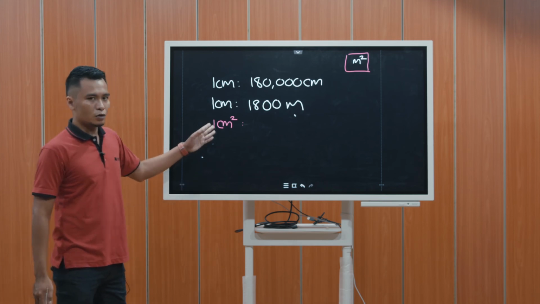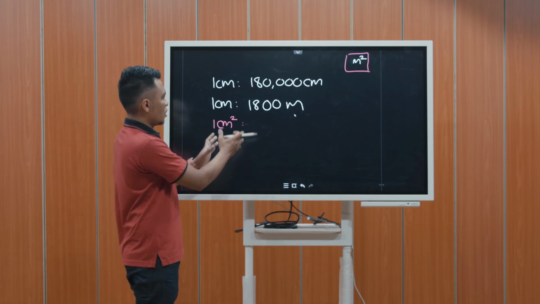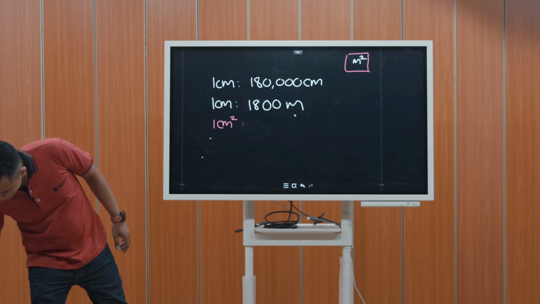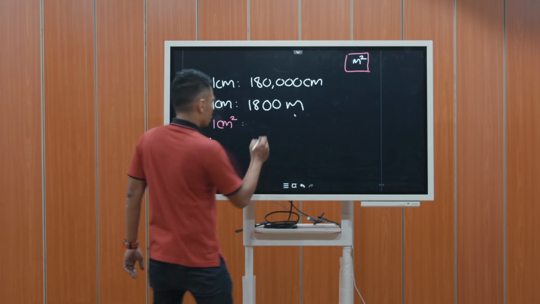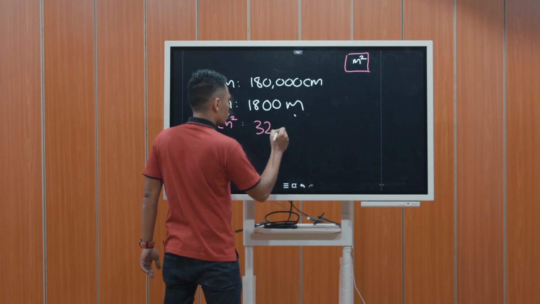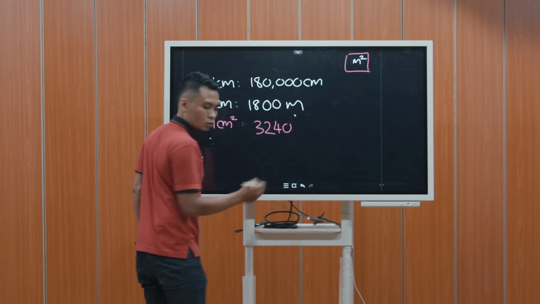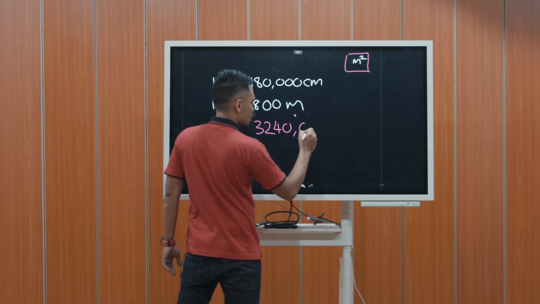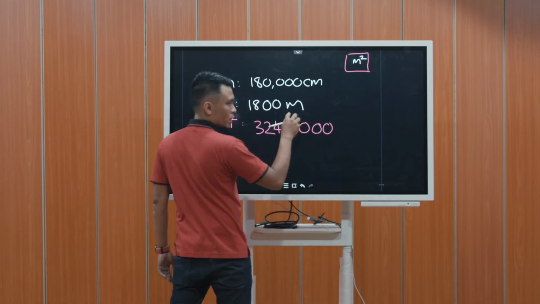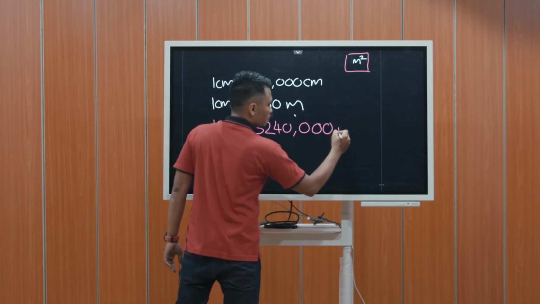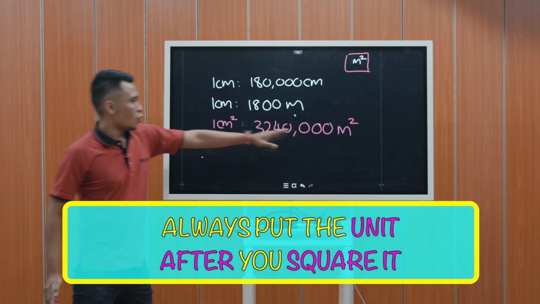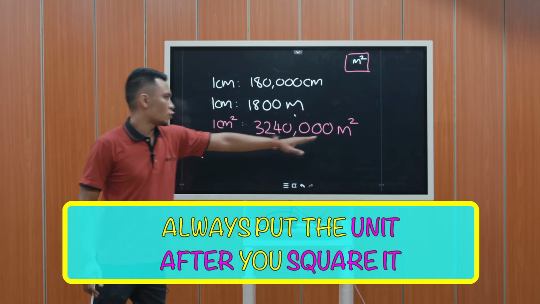Okay, I'll put it in red so you all will emphasize on this. 1800 square, I will get 3240000 unit, never forget the unit, meter square. Every time when you square something, always put the unit so you know what you are dealing with.